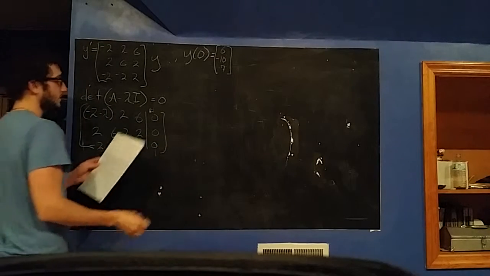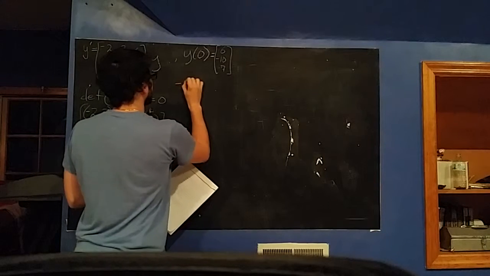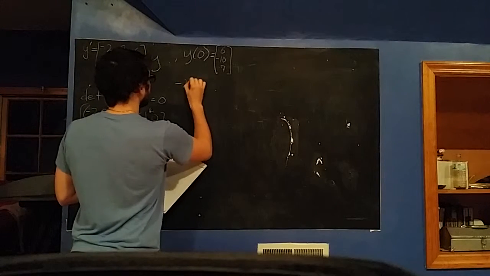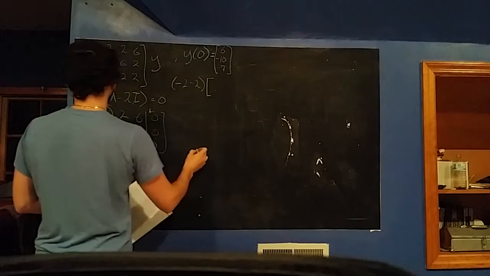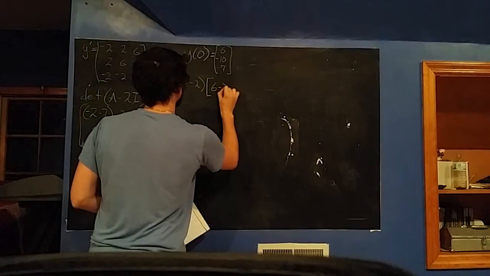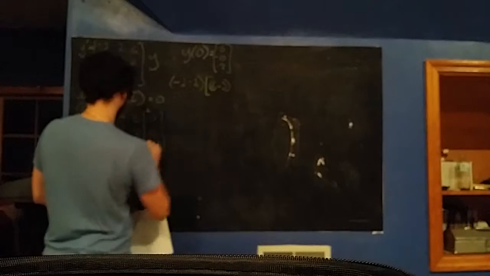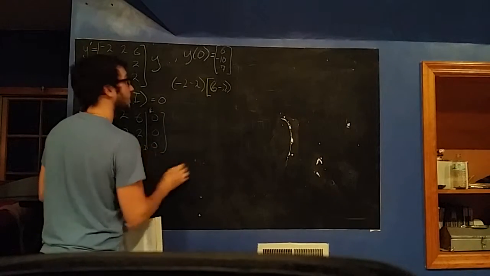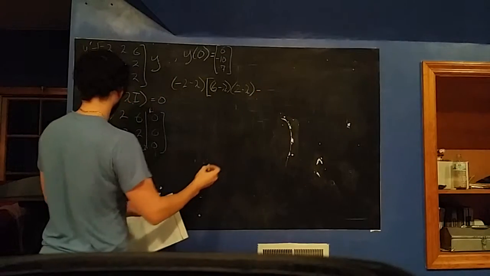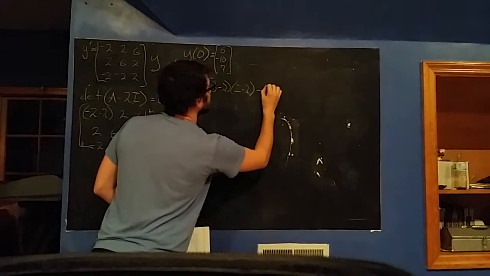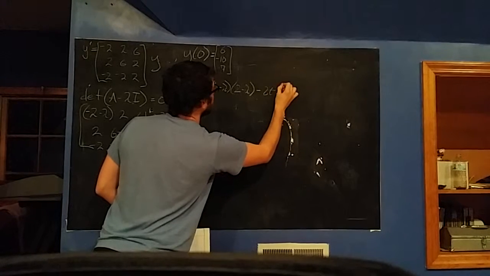After doing that, we're going to get negative 2 minus lambda, and some value here, so it'll be 6 minus lambda times, I forgot to do minus lambda over here, 2 minus lambda minus our 2 times negative 2.